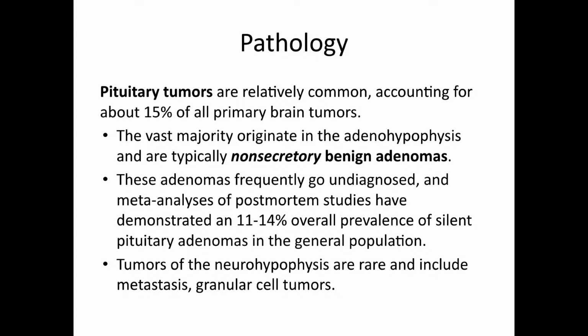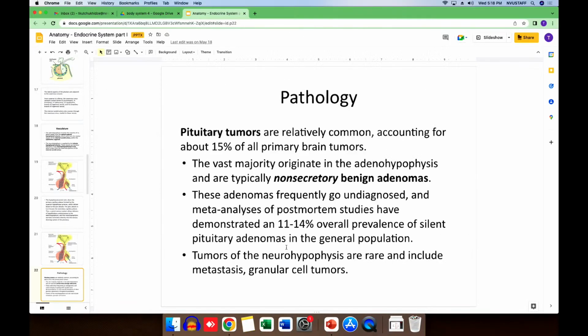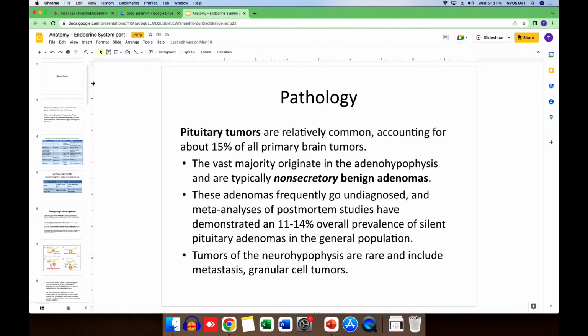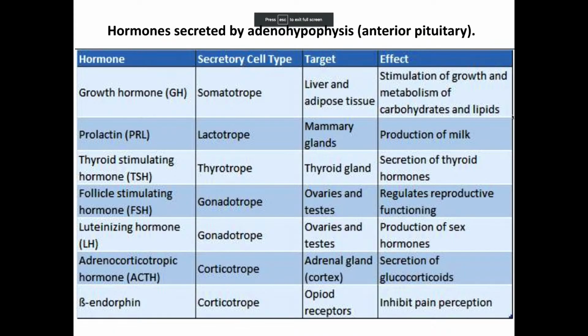So to recap what we've said, these are the hormones that our adenohypophysis releases: growth hormone, prolactin, TSH (thyroid stimulating hormone), follicle stimulating hormone, luteinizing hormone, adrenocorticotropic hormone, and beta endorphins.